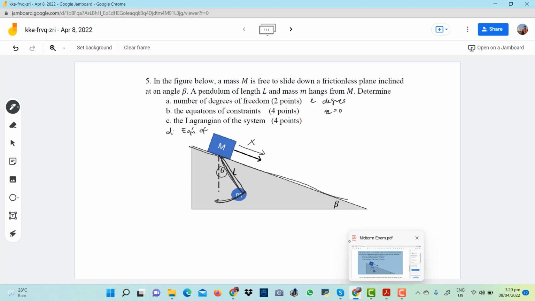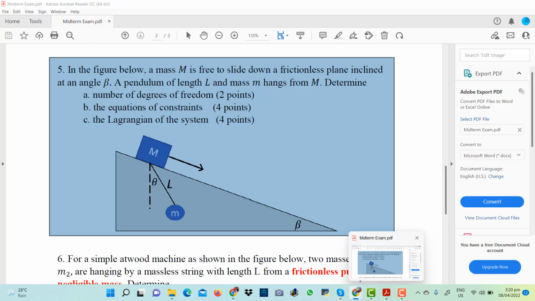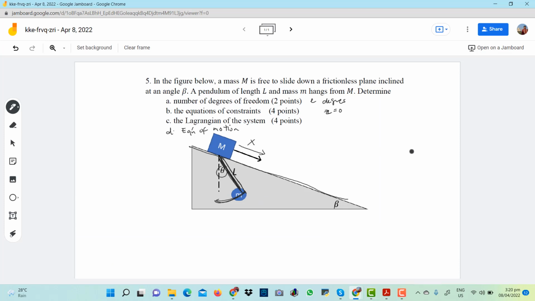For equations of constraints, I have four: z equals 0 for the small mass m, z equals 0 for the big mass M, and then this L, x squared plus y squared equals L squared, and then an equation of a line, a decreasing line. That's one of the equations of constraints. Four equations of constraints.